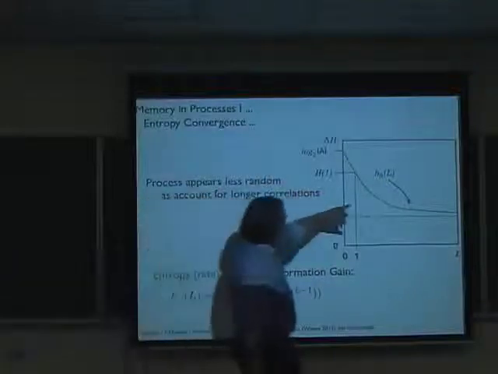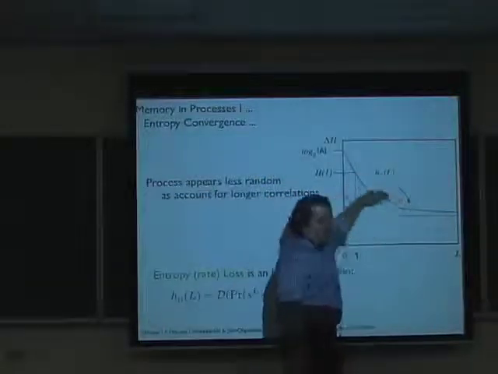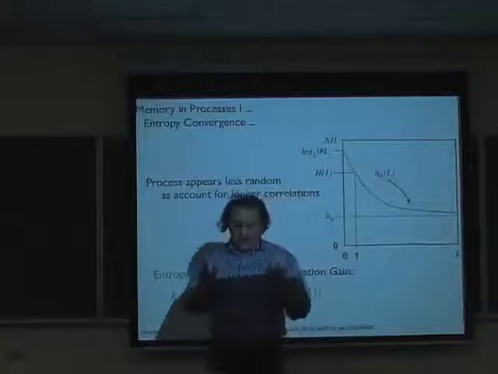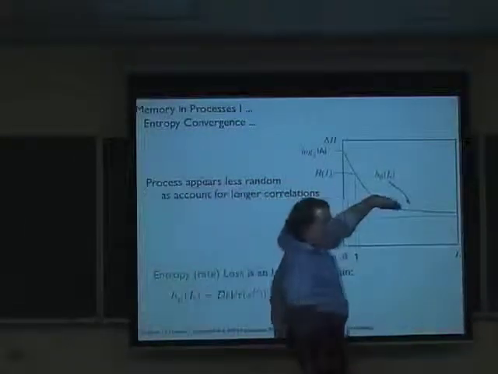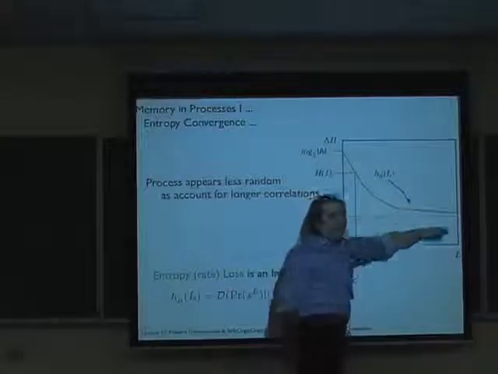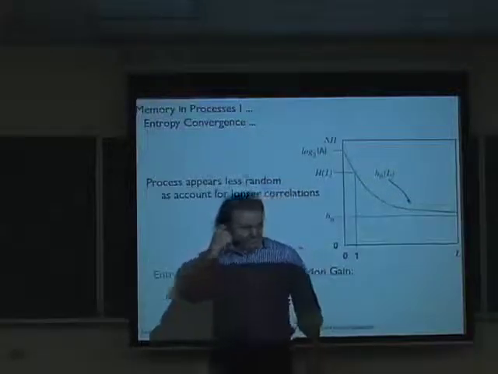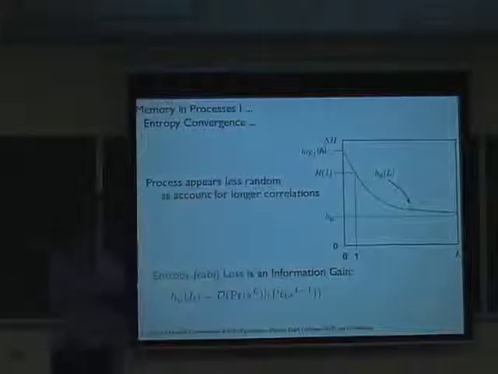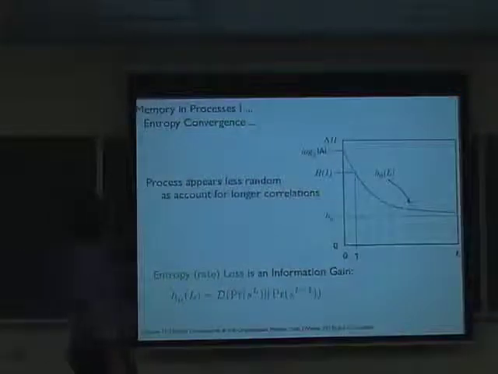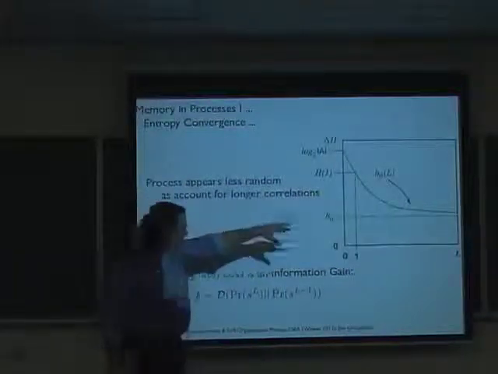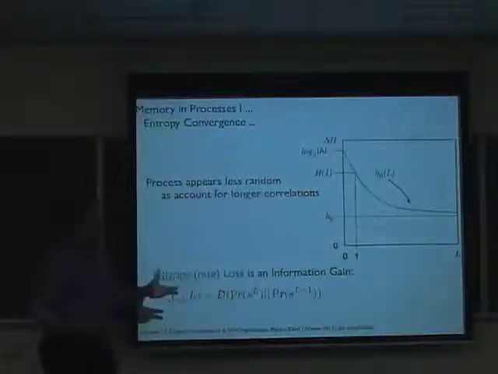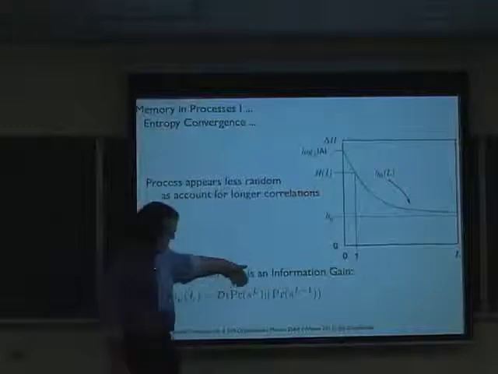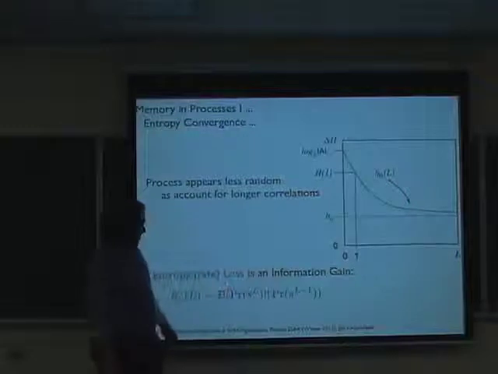So in this entropy convergence curve, the idea is we converge from above, and what that means is that the process appears more random than it actually is; the green line is above the dashed line. This entropy rate, h mu of L, is actually like an information gain. You can write it down in terms of Kullback-Leibler gain.